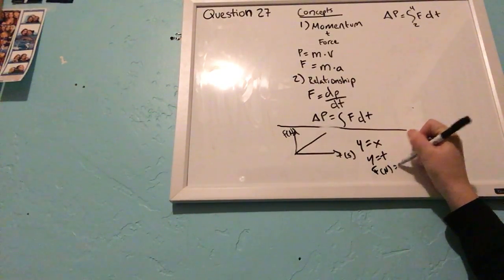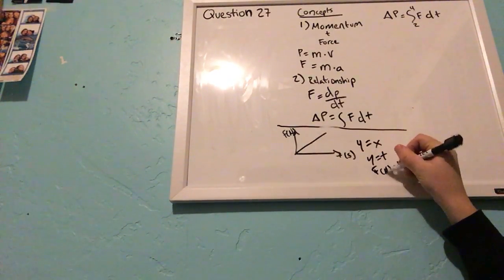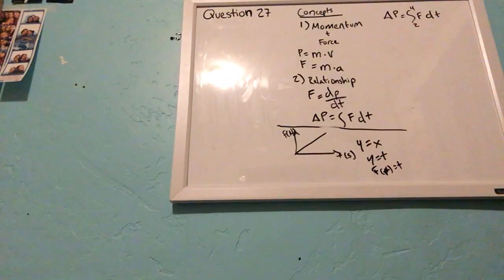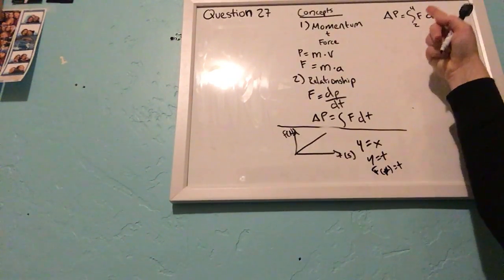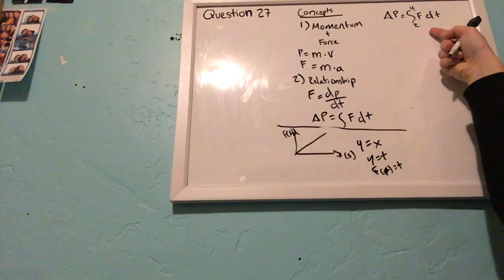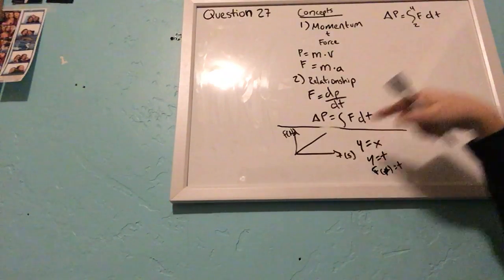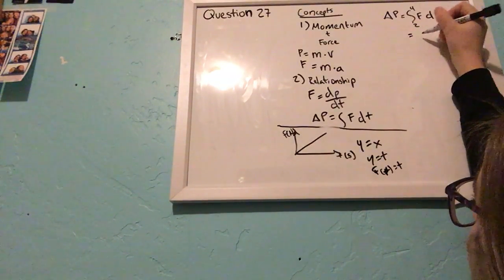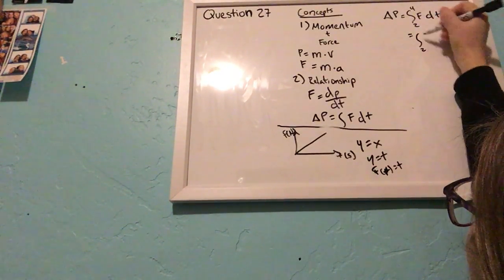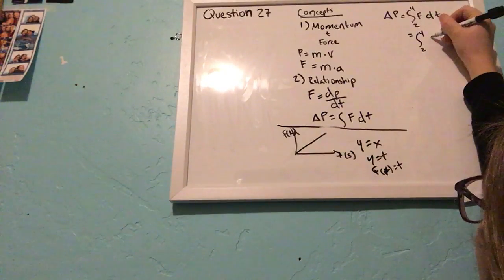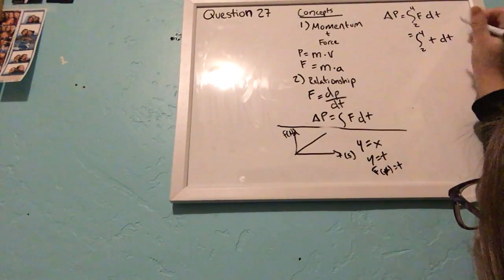Force is equal to time. So that's what I'm going to put up here because I'm finding the antiderivative of this equation. So I'll go from 2 to 4 of t dt.